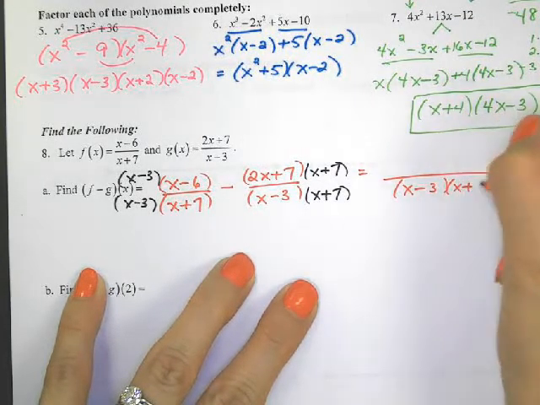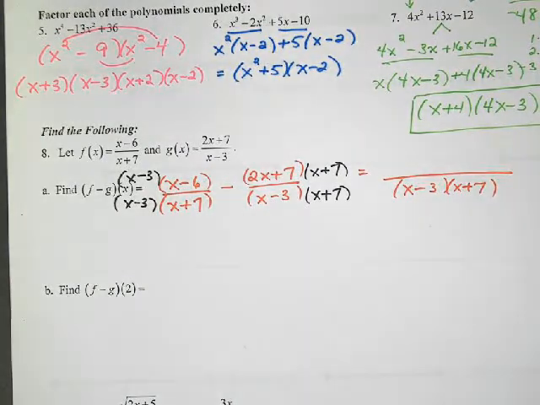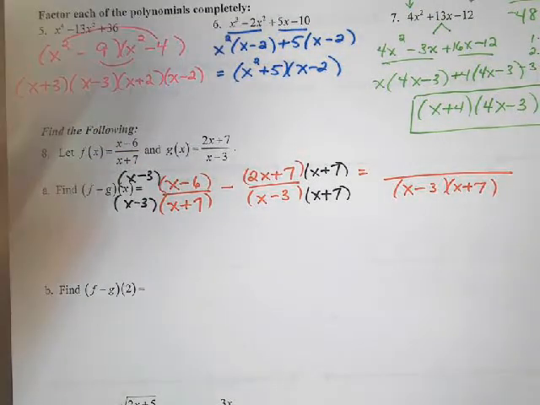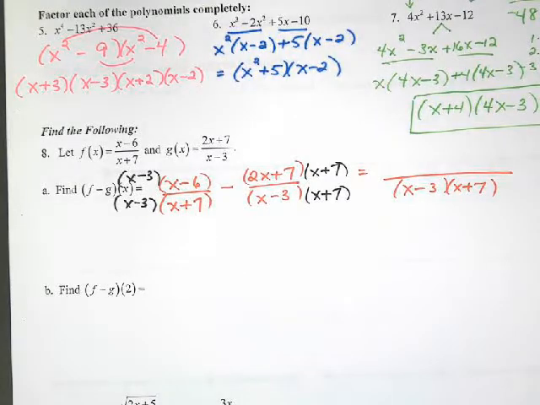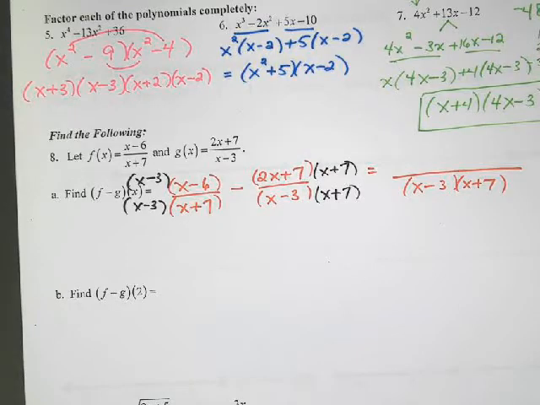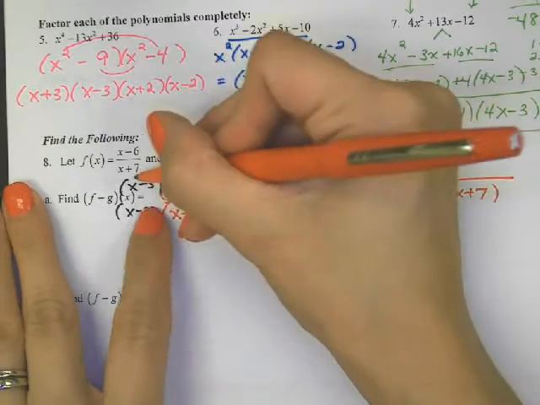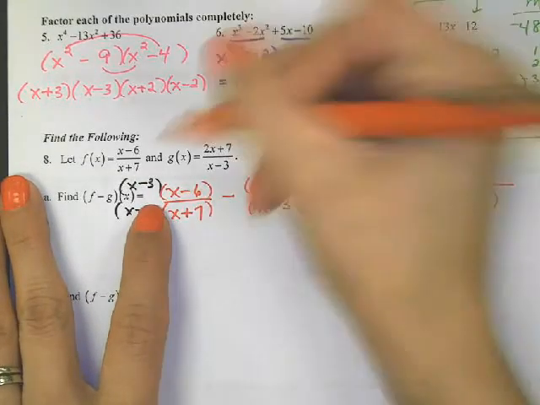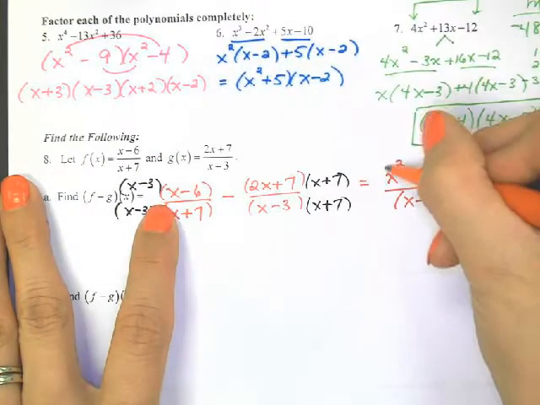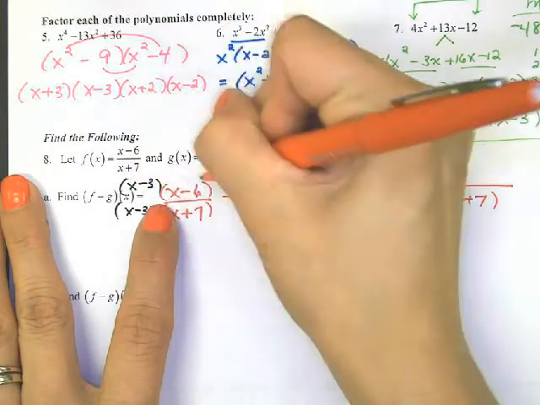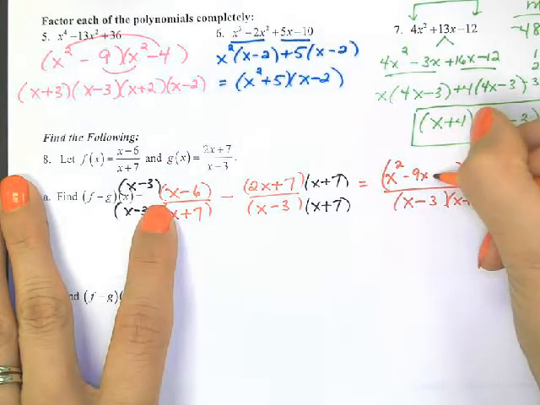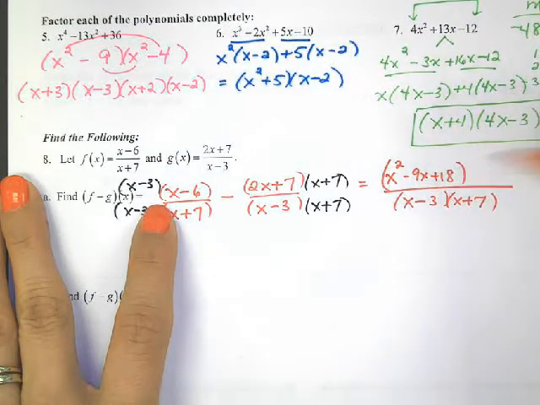That helps when it comes time to do things like domain. The numerator I am going to go ahead and multiply out. So let's go ahead and do firsts. x squared. Outers and inners is going to be minus 9x plus 18.